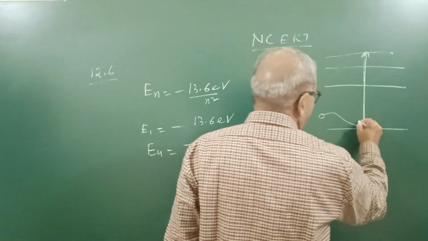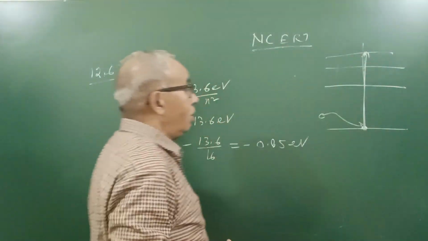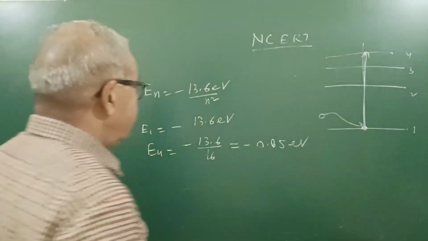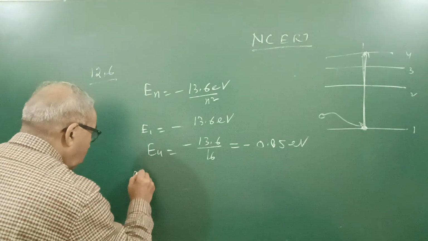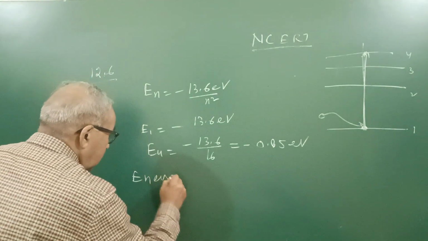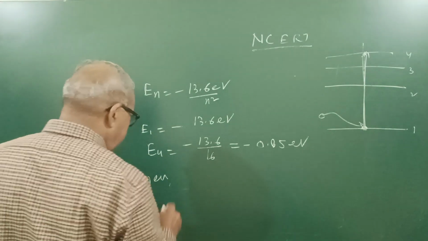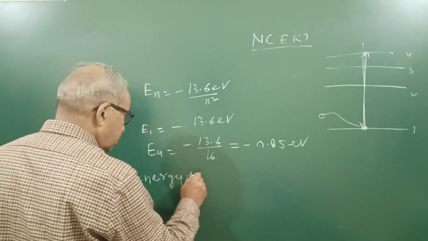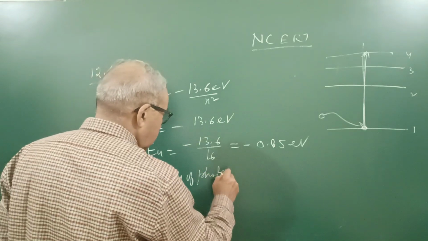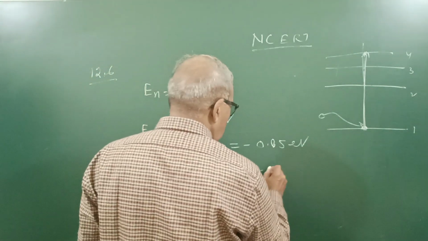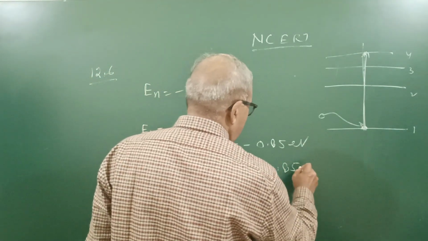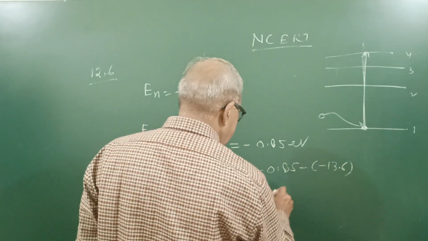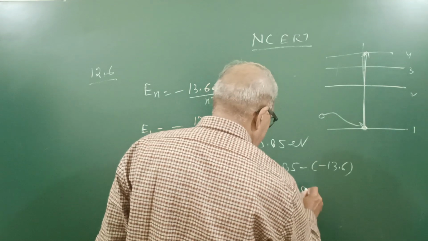So how much energy is gained by electron equal to energy of photon. So here a photon fell on this and excited to this energy level. It is 1, 2, 3, 4. So energy of photon is minus 0.85 और माइनस 13.6 यानी कि 13.6 प्लस और माइनस 0.85.